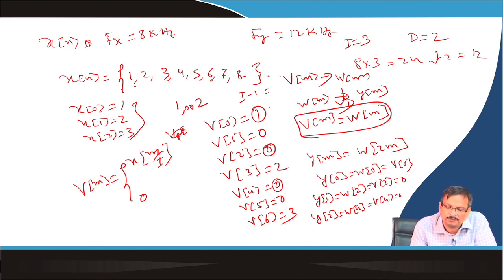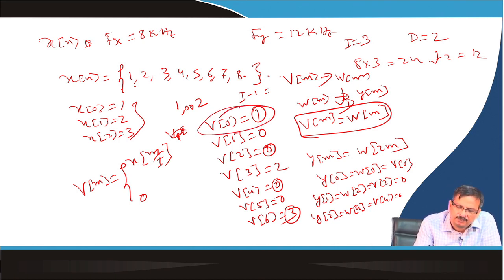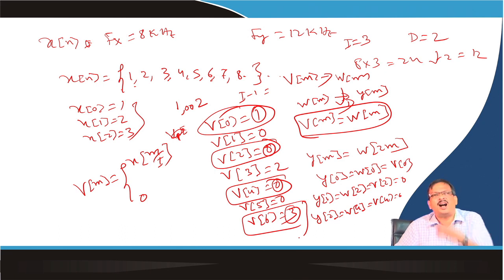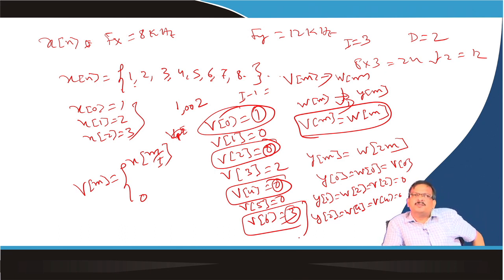So while doing multi-rate or fractional upsampling and downsampling both, I do not need to compute all the interpolation. I can compute only this V, this V, this V and this V. The other V's are not important to me.